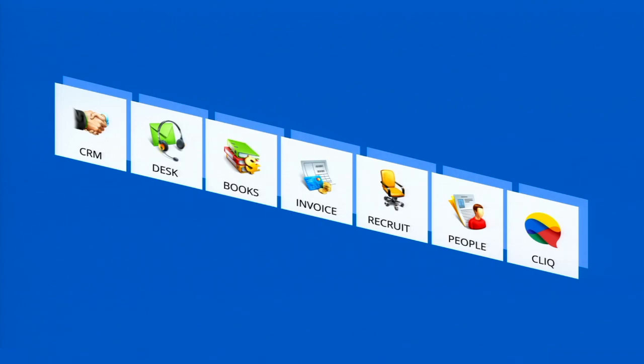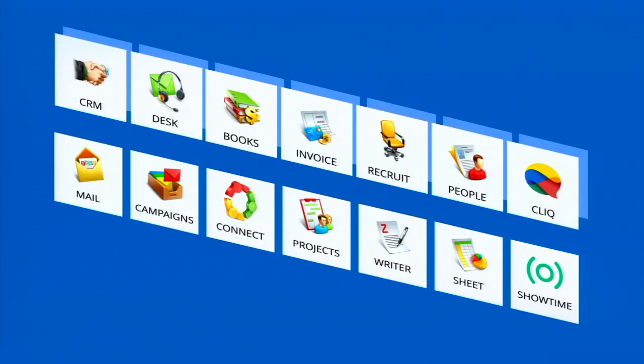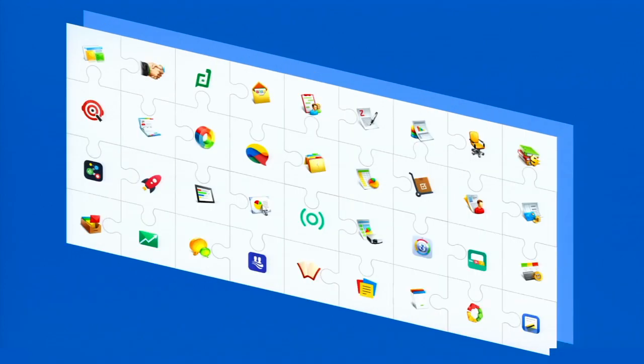So we are taking the power of Creator, the heart and soul of Creator, and integrating that with several Zoho applications. These are the applications that are already integrated, and we are already working on several other application integrations. The goal here is that the entire Zoho One platform will have the heart of that magic box integrated.